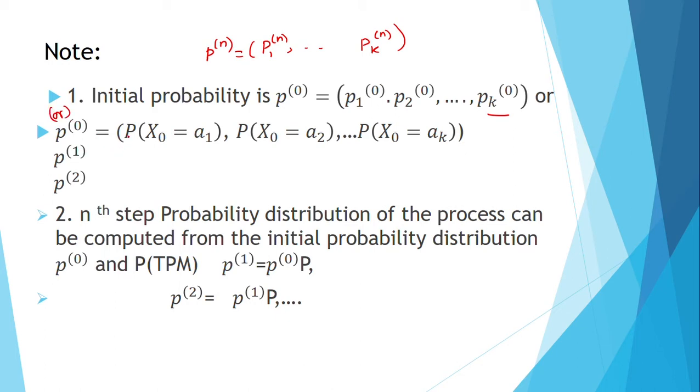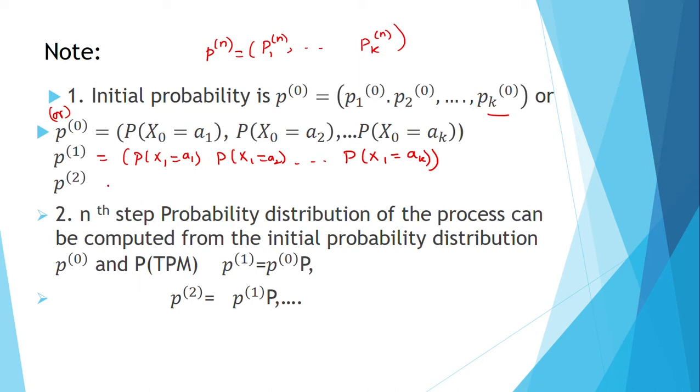P of 0 is nothing but P of X0 equal to A1, P of X0 equal to A2, etc., P of X0 equal to Ak. Same way you can write for P of 1. P of 1 is what? It's the probability distribution of the process at the first step, n equal to 1. So P of X1 equal to A1, the next entry is P of X1 equal to A2, etc., and the last entry for the k-state process is P of X1 equal to Ak.